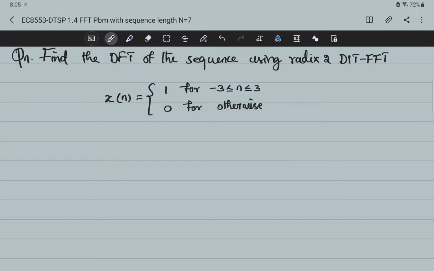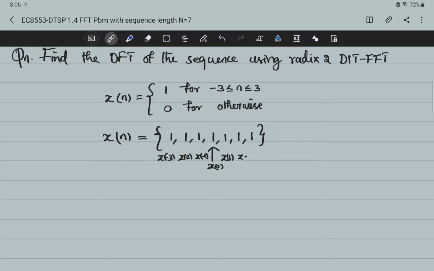In this question they have given x of n equal to 1 for minus 3 to plus 3, which means the sequence is given as 1 1 1 1 1 1 1 and the origin is represented here, which means it is x of minus 3, x of minus 2, x of minus 1, and this is x of 0, this is x of 1, x of 2 and x of 3.